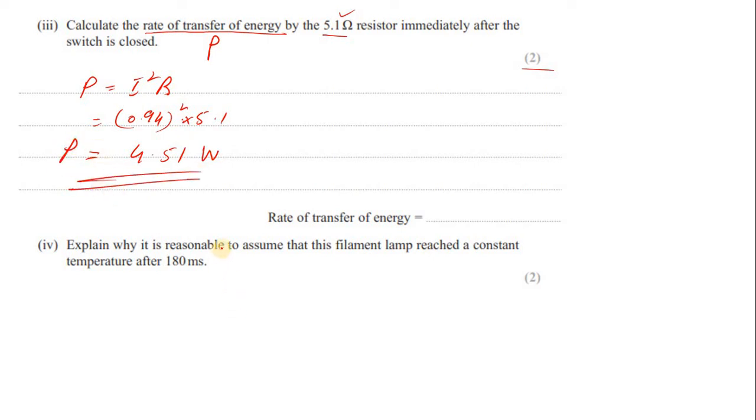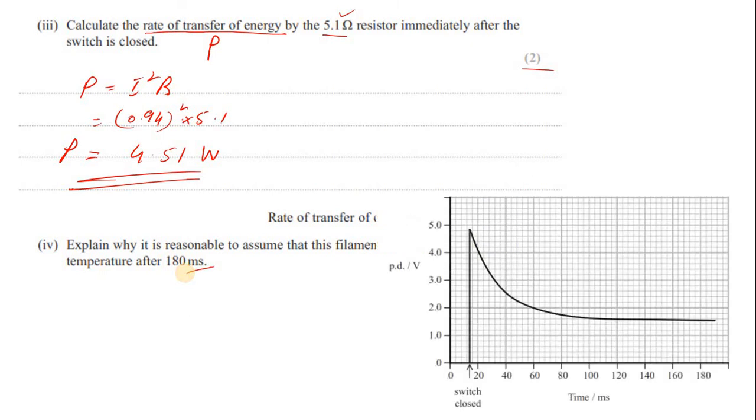Explain why it is reasonable to assume that this filament lamp reached a constant temperature after 180 millisecond. So if you see the shape, before 180 the graph is gradually decreasing, but after 180 the graph seems to be horizontal.